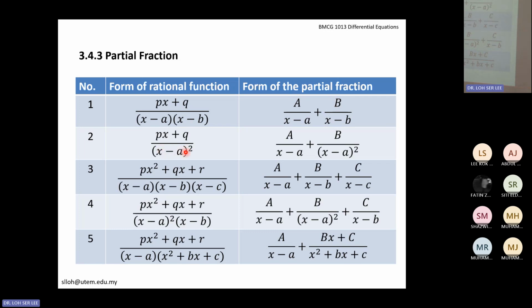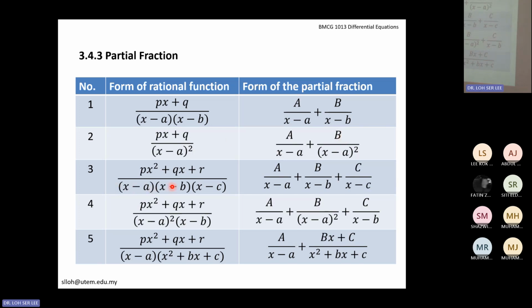Another one, x minus a squared, is a repeated root. So we have x minus a power of 1 followed by x minus a power of 2. If this is a cube, power of 3, this means x minus a, x minus a squared, x minus a cubed. Since this is x power of 1, this is a, and this is b, constants only.